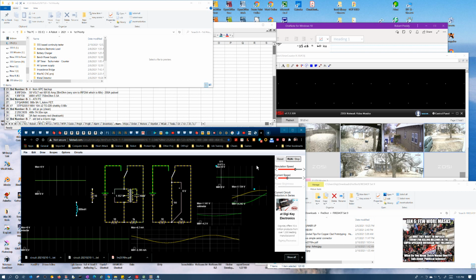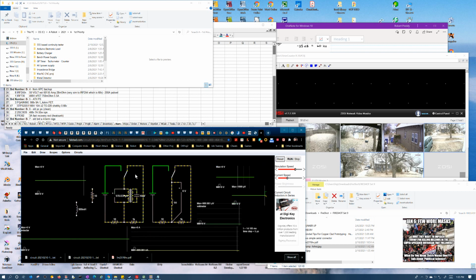But right now, let me reset this. Right now you can see I've got a transformer here, and in fact this transformer modeled in this program, they're both set to 1 Henry, but it does actually behave with no load just like this.